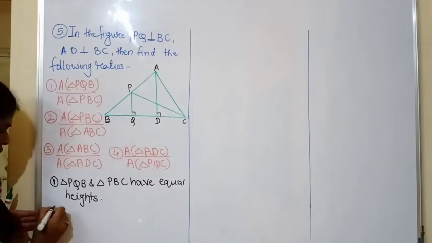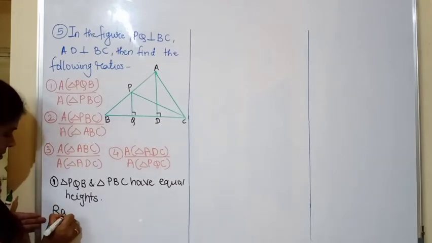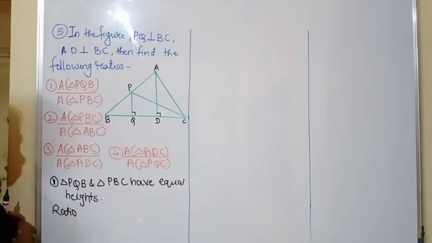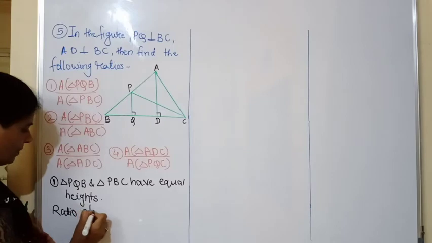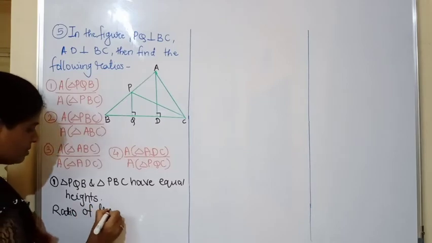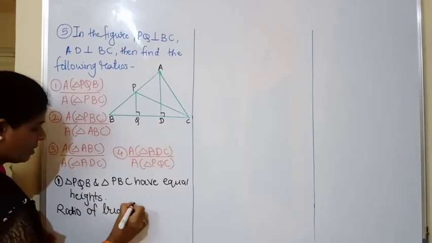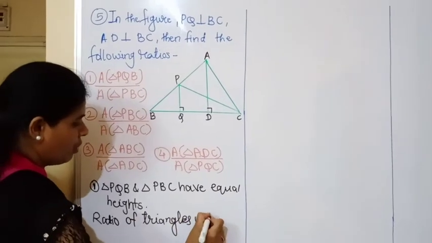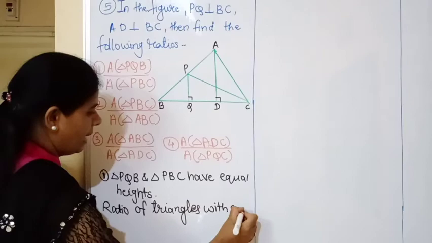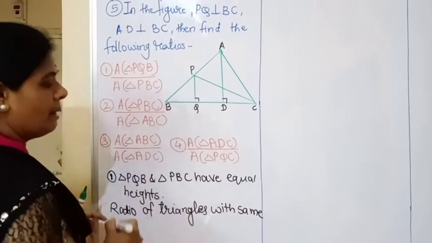Now the ratio of, what do we have to write? We have to write the statement now. Ratio of triangles with the same, what is the same now? Base.